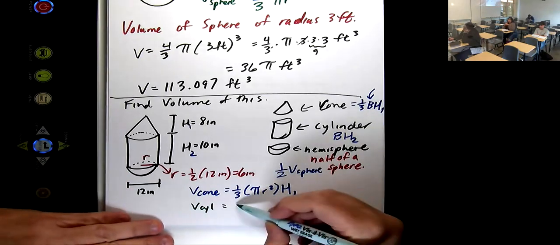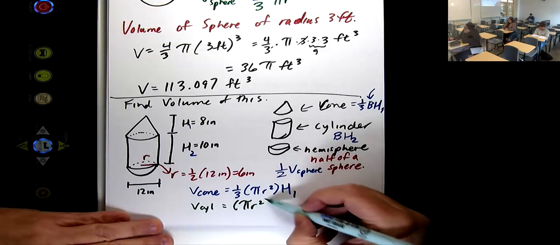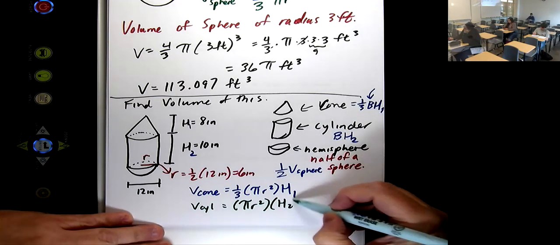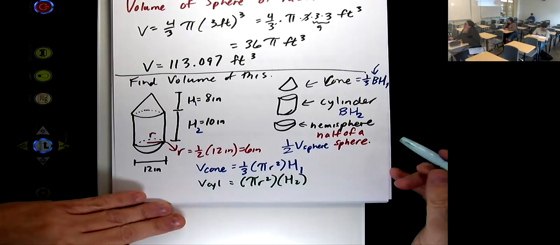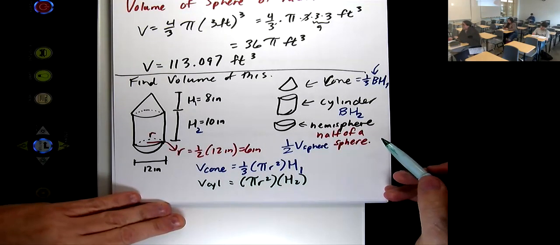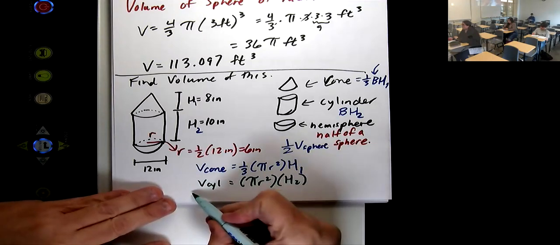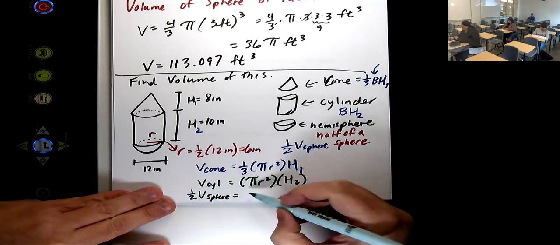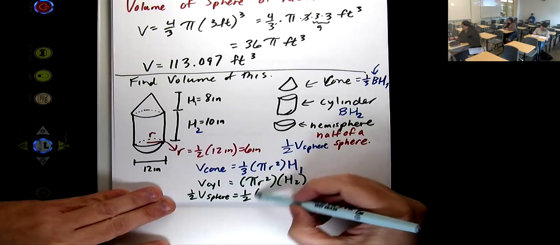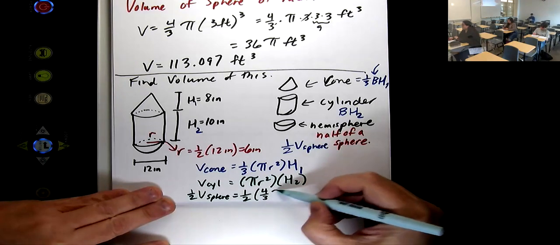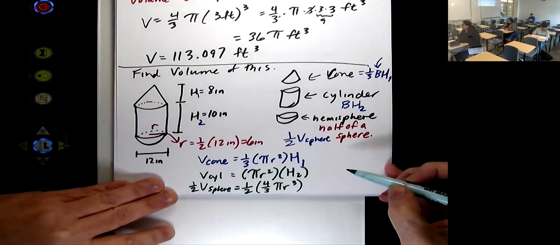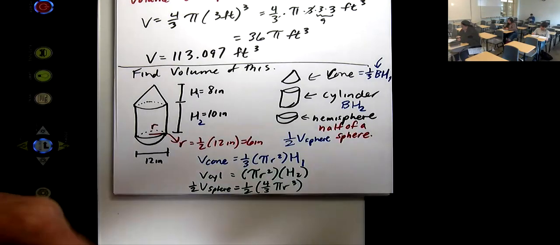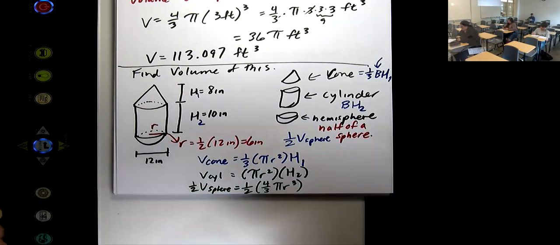The area of a circle is pi r squared, just like we had up here, same thing as the base of the cone, and that one's going to be times H2. And then when you do 1/2 the volume of the sphere, we've got 1/2, and then the sphere was 4/3 pi r cubed. So if you have something like this, you would add them all up. The total volume is all of them.